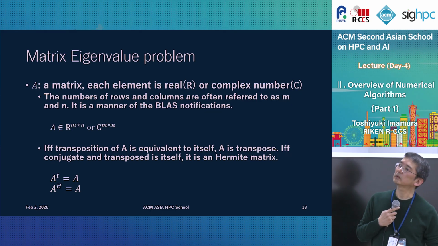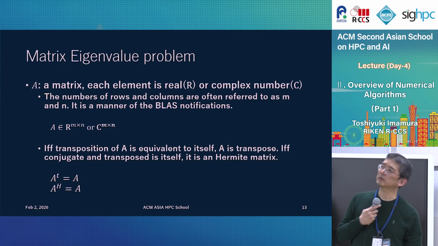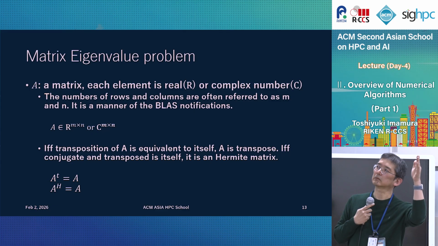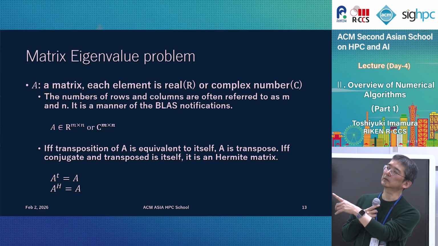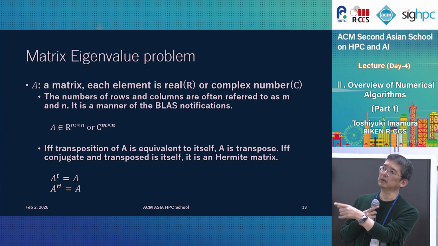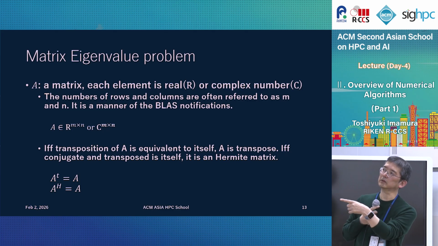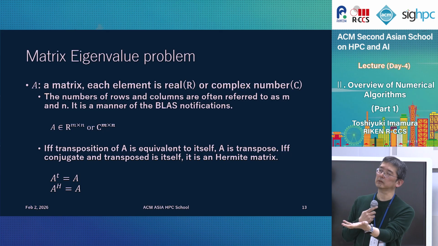And the number of rows and the number of columns often differ, the variables m and n. So m by n. This is the manner of the very basic standard software BLAS notation rule.